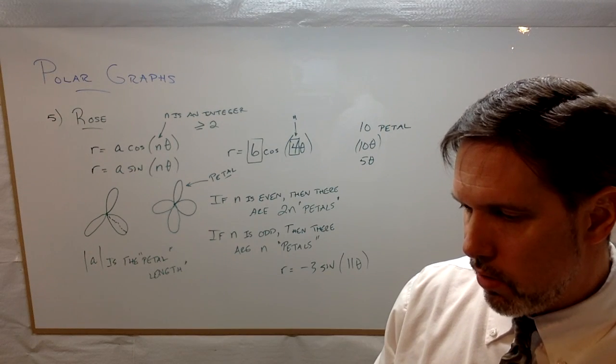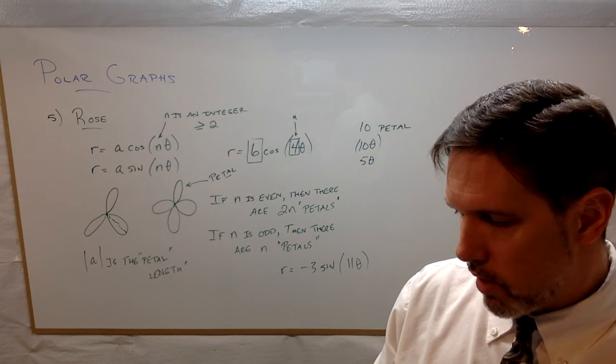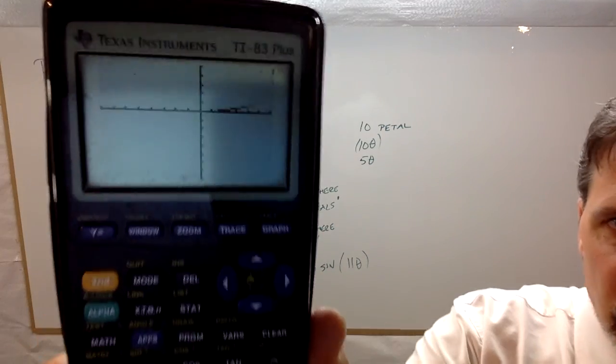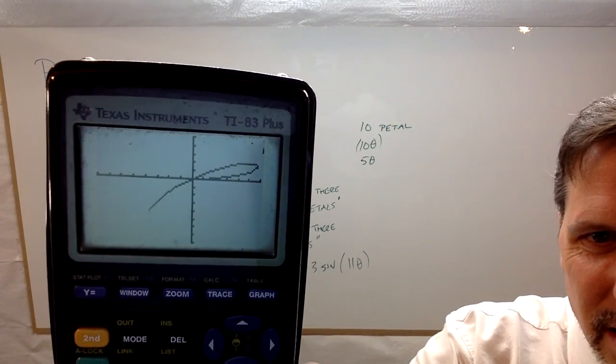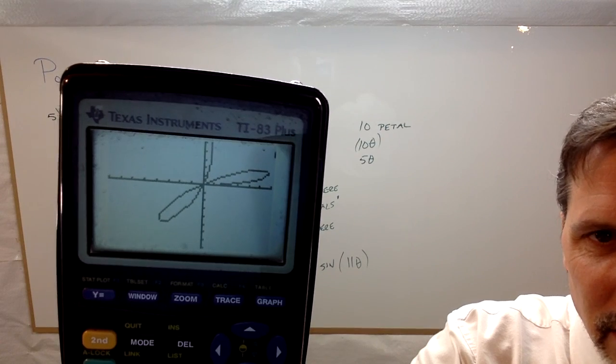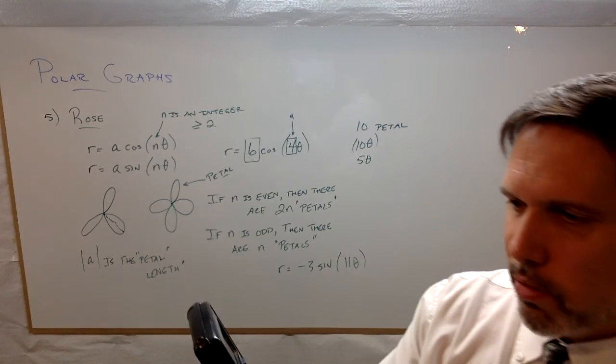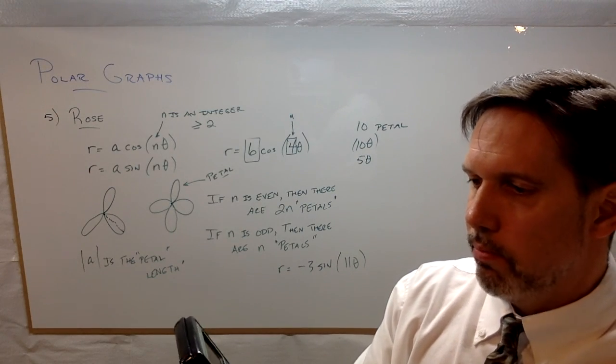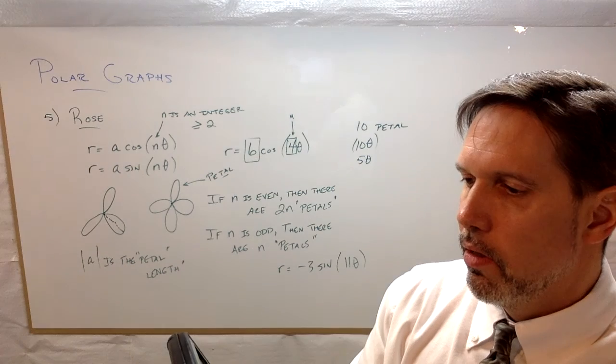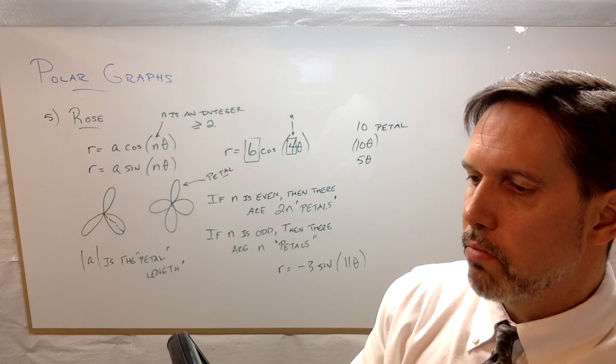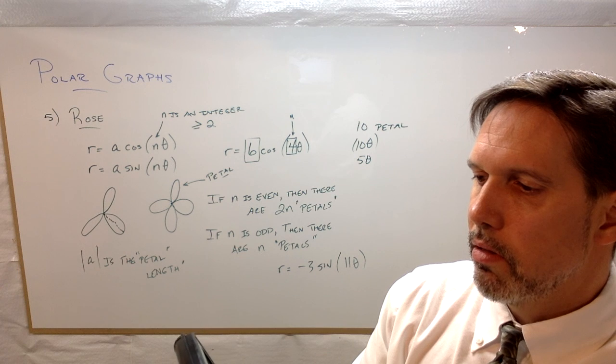So let's go to the window, make the X max at 6. So I changed my X max to 6. I think I did. Did I change my X max to 6? X min is -8.